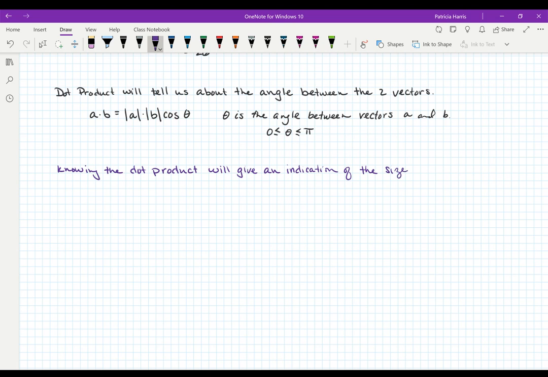Now, this is just finding the dot product. It's not using the formula to actually solve for theta, but it does give us an indication about the size of the angle.